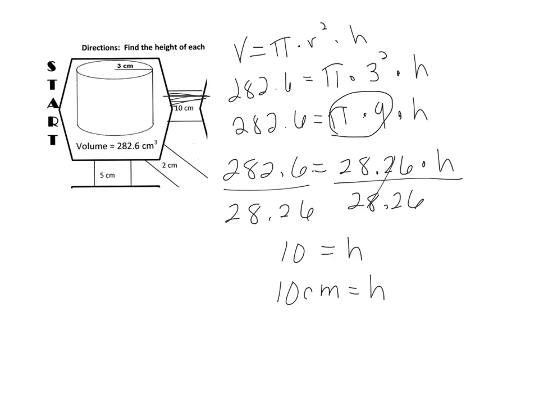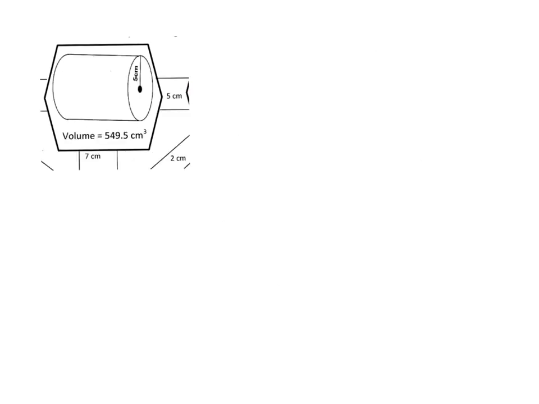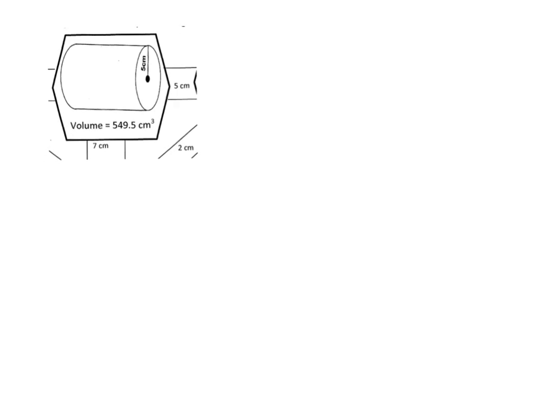So we're going over to the right one. Let's look at the next one. So this is going to be exactly the same as the last one. We've got our formula. Volume is equal to pi times radius squared times the height.